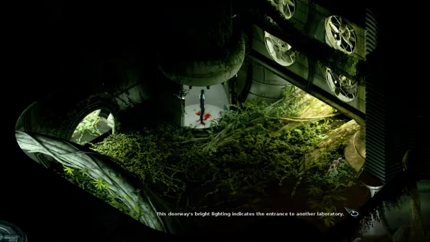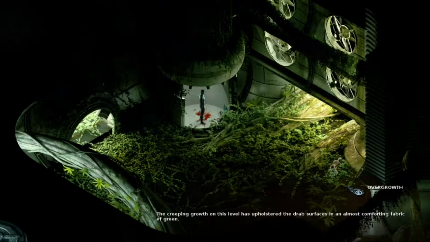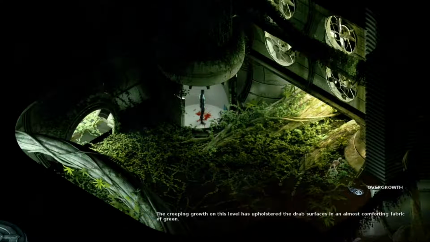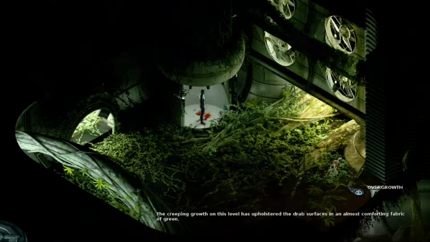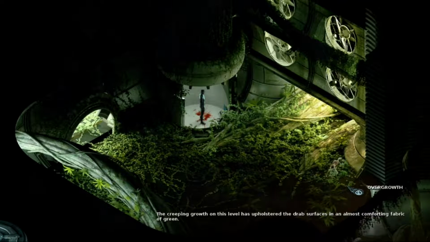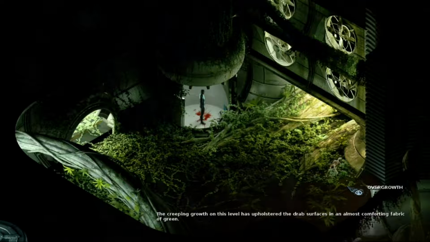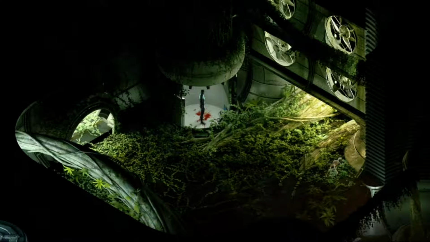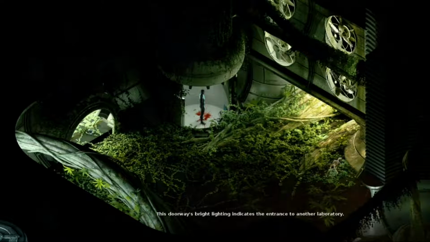Okay, so we have three ways to go. The creeping growth on the left has upholstered the drab surfaces in an almost comforting fabric of green. Okay, so let's go to this laboratory first. Let's see what's up here.